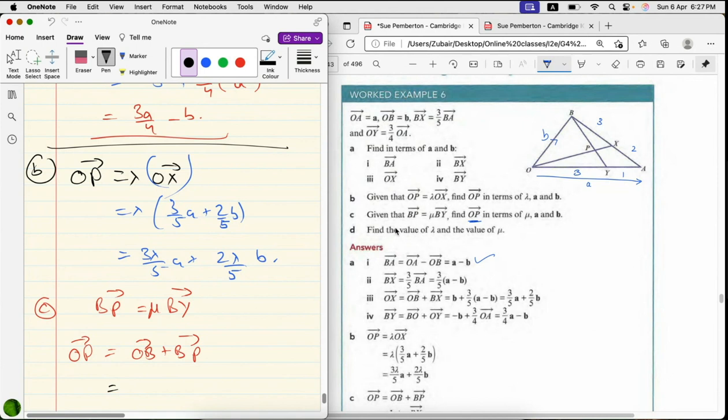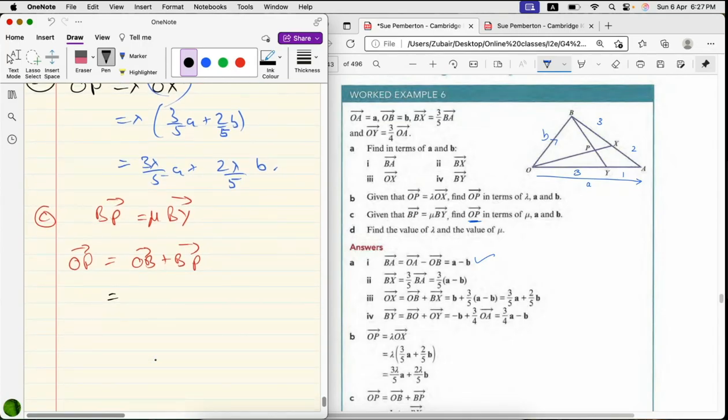So C part was asking for OP. We're looking at the diagram. OP is OB plus BP. OB is b, and BP is mu times BY, and BY is in the previous part, and that was 3 by 4 a minus b.